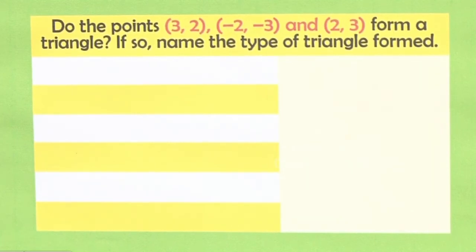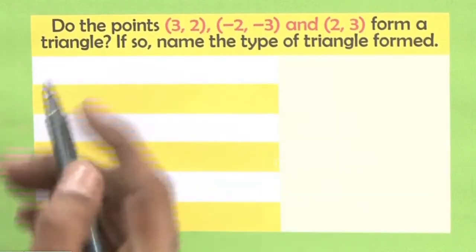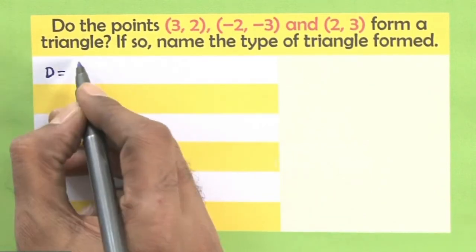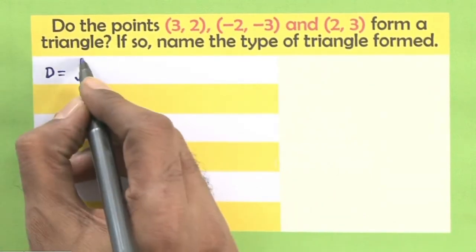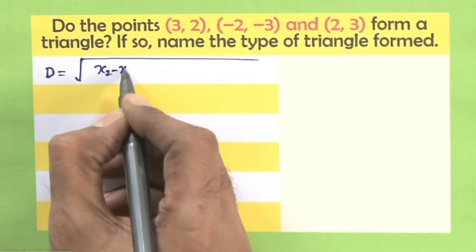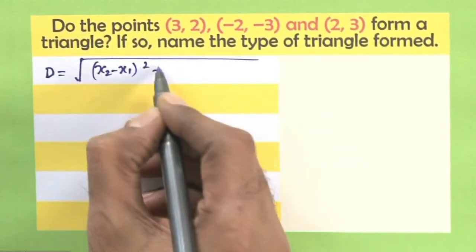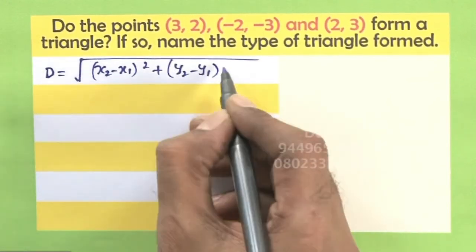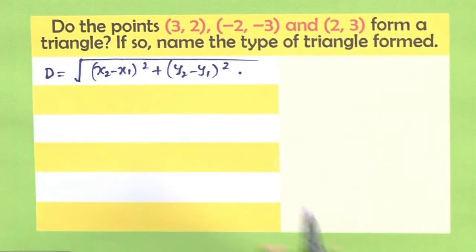Very importantly, dear students, the distance D is given by the square root of (x2 minus x1) whole square plus (y2 minus y1) whole square. First case, right?